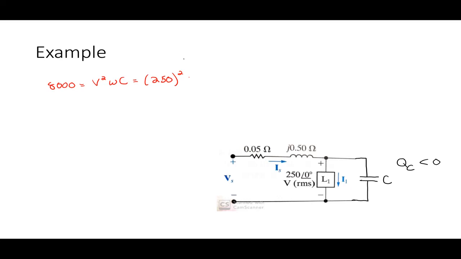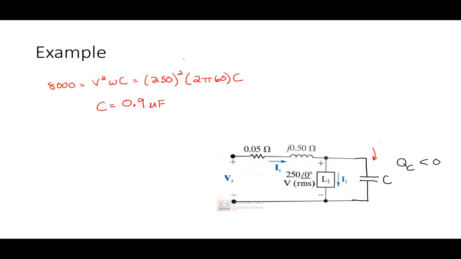It's in the US, so that means I have a 60 hertz frequency. 2 pi 60 times C. So C equals, if I do that math, 0.9 microfarads. Okay? So that's how big this capacitor needs to be.